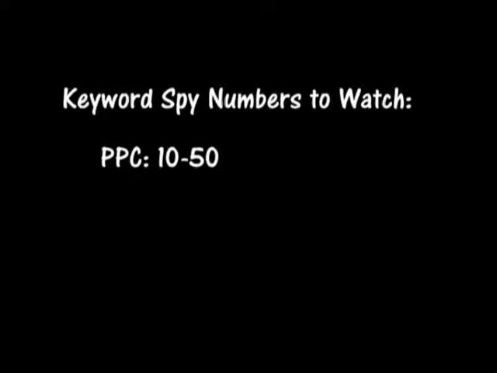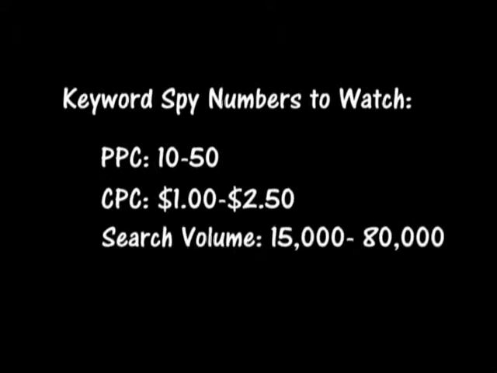But you also don't want too many people, because then it's going to get too crowded. And the price per click should be about $1 to $2.50. If it is a higher price, the more competitive in some cases, the more profitable that niche will be. The search volume, again, is flexible, but you want to look between 15,000 and 80,000. Anything above 80,000 starts to get really crowded in that niche.